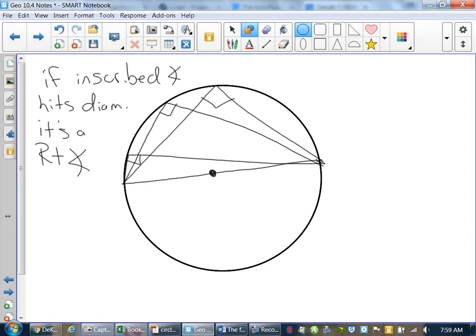Very easy. It's just one of the rules that always works because the measure of that inscribed angle is always equal to half an arc. Diameters always have arcs of 180. That will never ever change. No matter how big or small the circle is, half a circle is always 180 degrees.